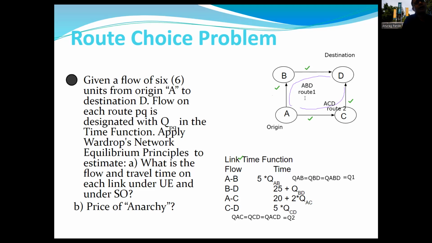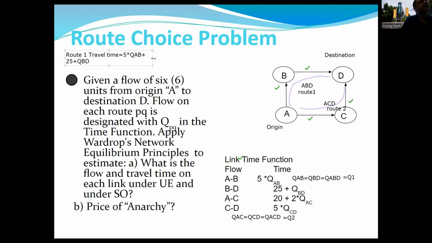If you take route ABD, which is route 1, the route performance function is how much travel time it would take to go from A to B and then B to D. I can apply the given equations. So the travel time on route 1 will be equal to 5 times QAB plus 25 plus QBD. That makes sense?